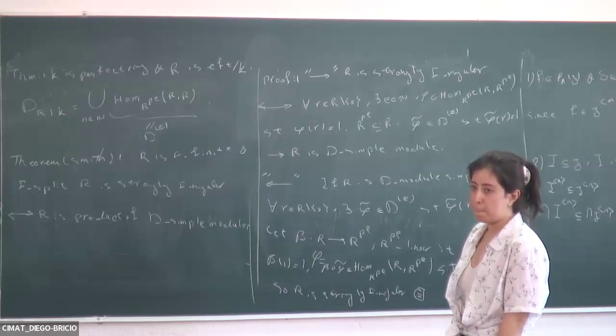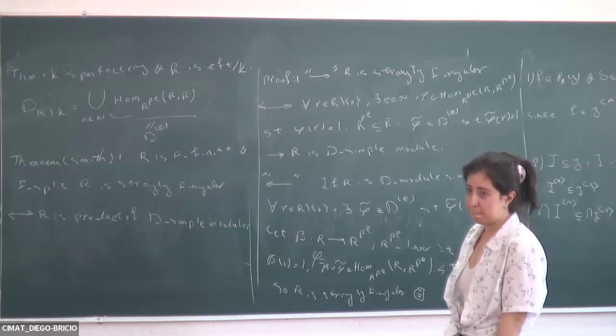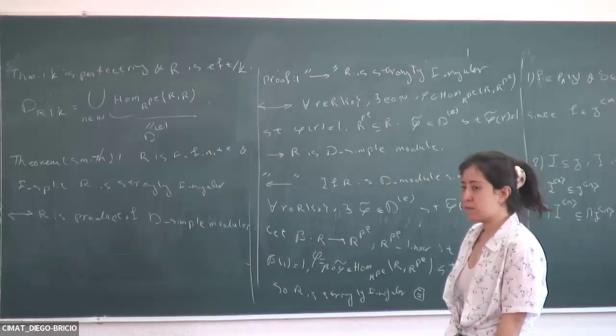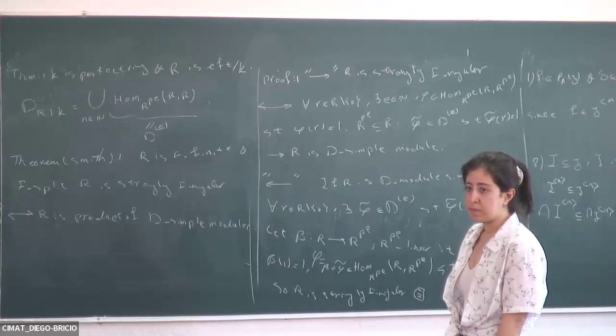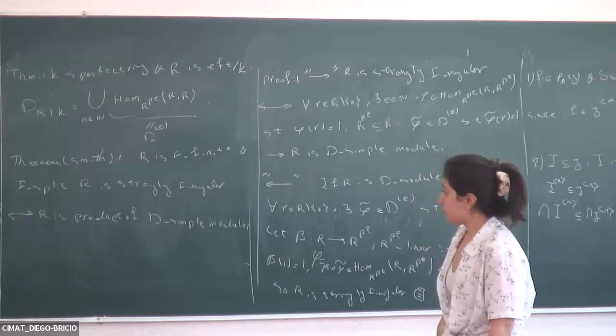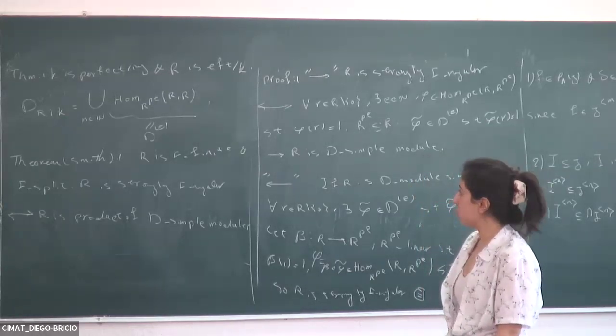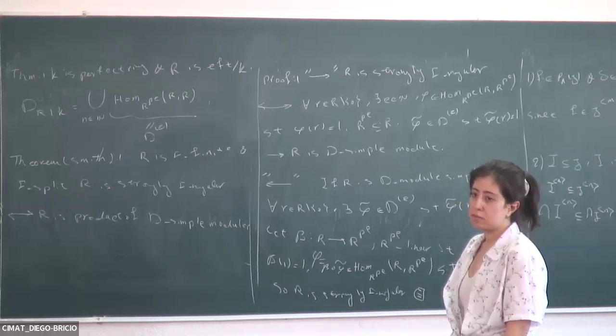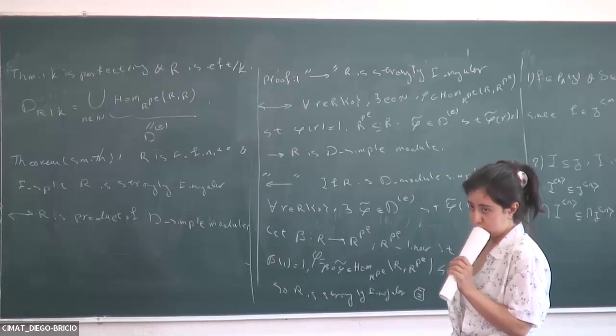But this suggests that in positive characteristic this is the case. In characteristic zero it would be a bit unclear for me, but that's another question to think about. Because actually on the right hand side is Hom from R to R. I think they can be made into something of some type. I don't know. But yeah.